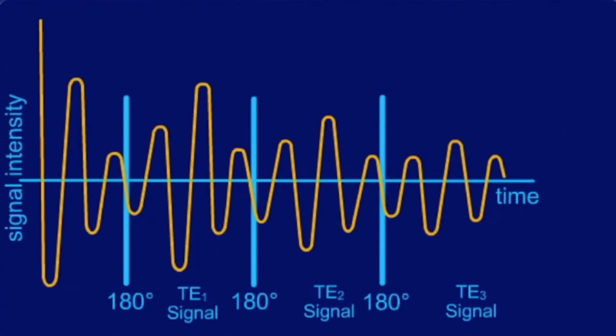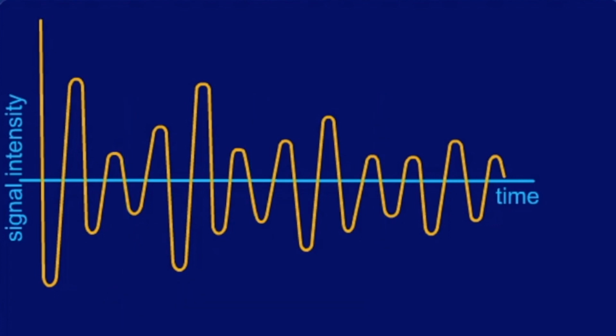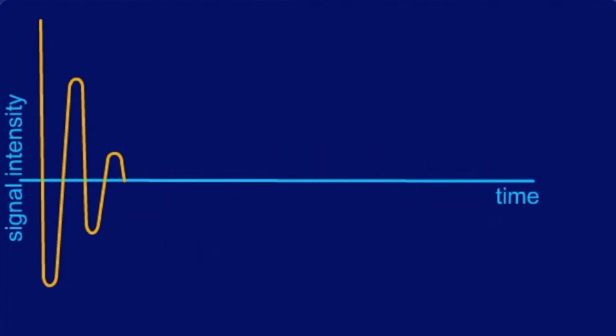Let us have a look at our curve when we plotted time versus signal intensity, sending in several 180-degree pulses. If you do not use a 180-degree pulse to neutralize constant external inhomogeneities, the protons will experience larger differences in magnetic field strength when the RF pulse is switched off. Due to this, they will be out of phase faster.